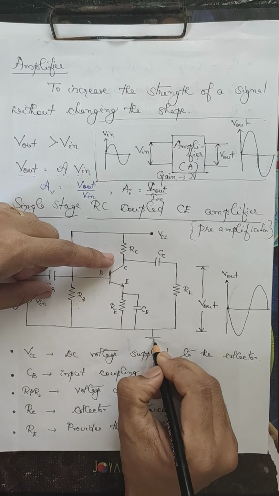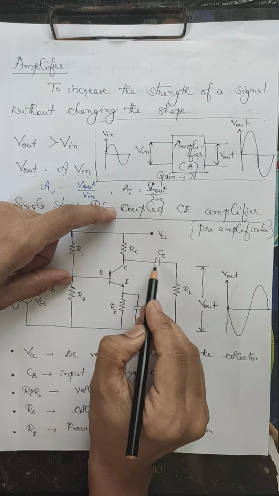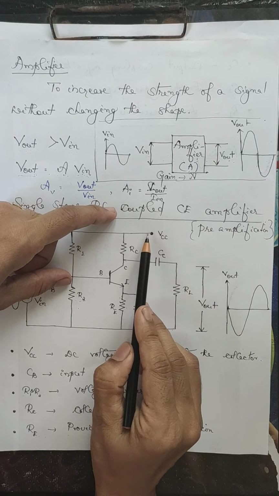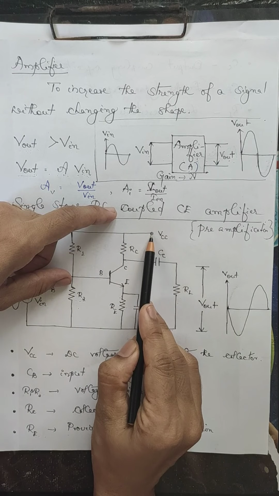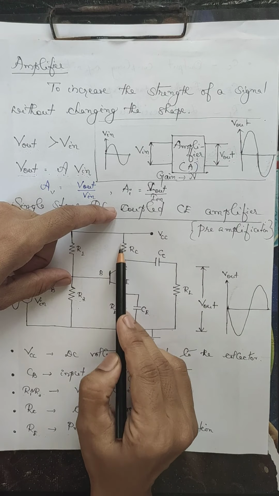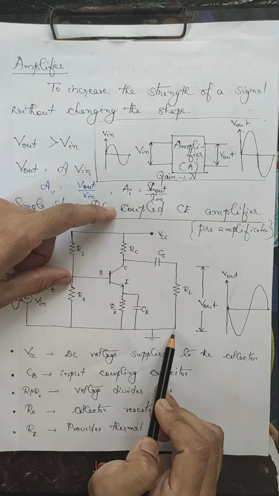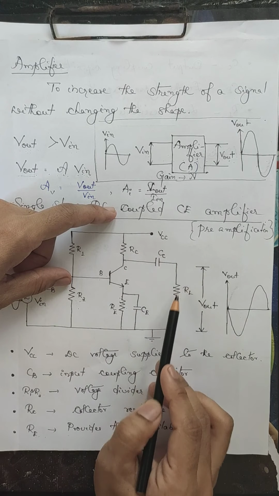So this will be the common ground. So if we consider this branch, the path consisting of resistor RC, coupling capacitor CC and load resistor RL, let us write the voltage equation for this branch.